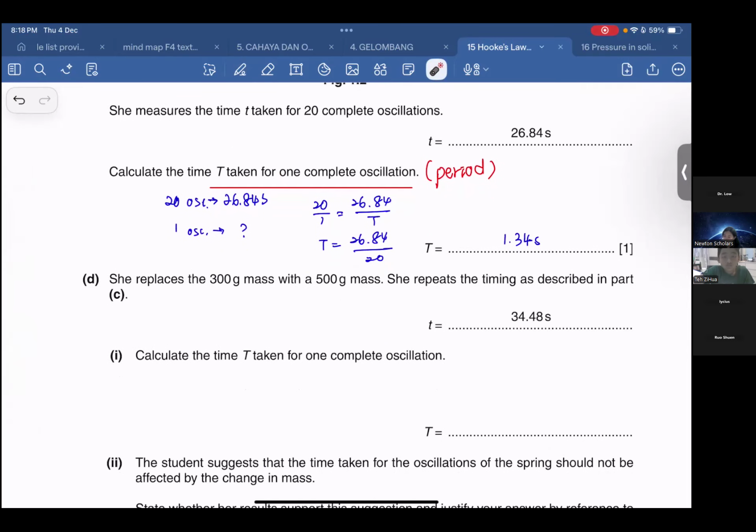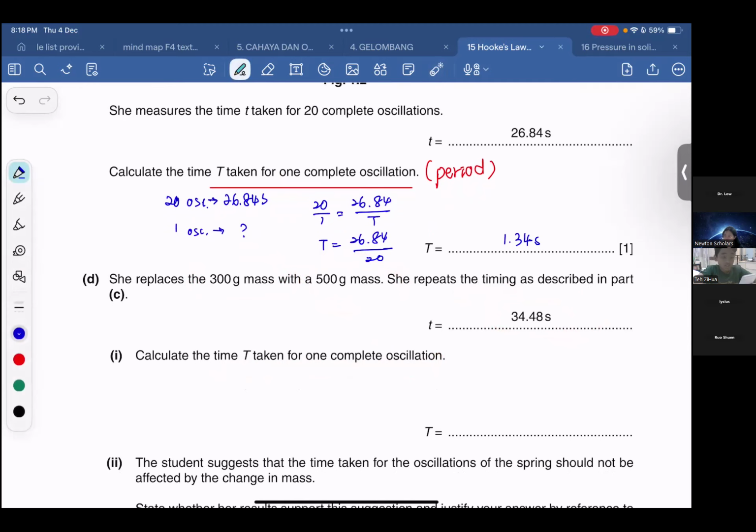She replaced the 300-gram mass with a 500-gram mass. Okay, so repeat the timing again. So calculate 20 complete oscillations. Can you count if 500-gram mass with this result? What is the time for one complete oscillation?